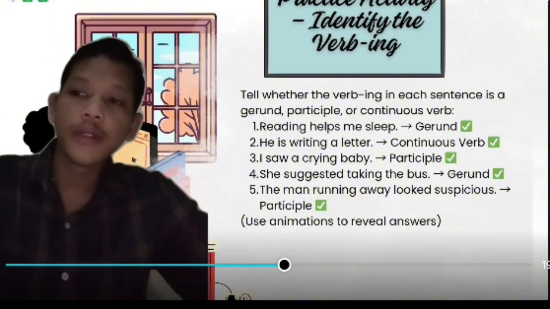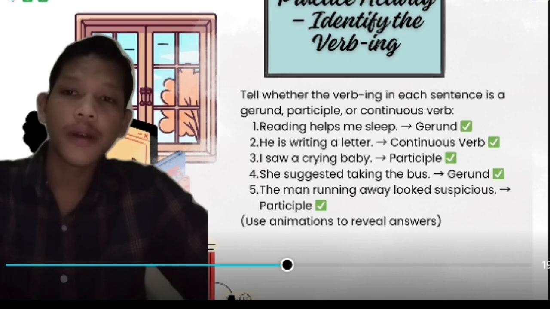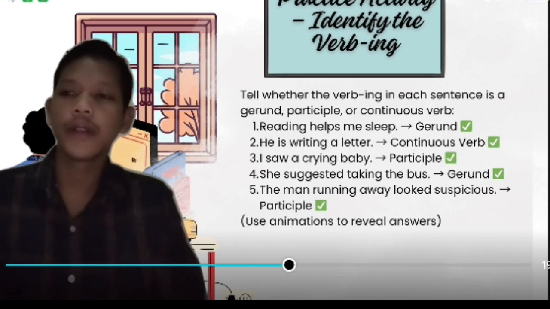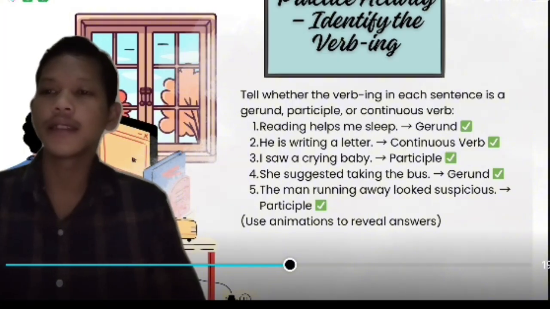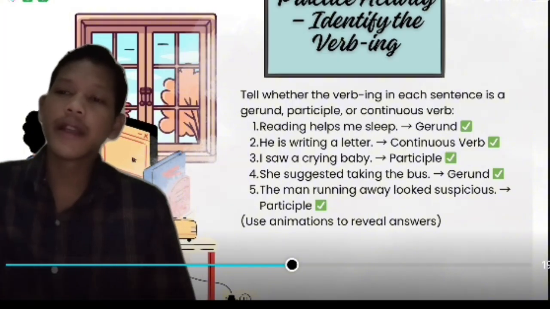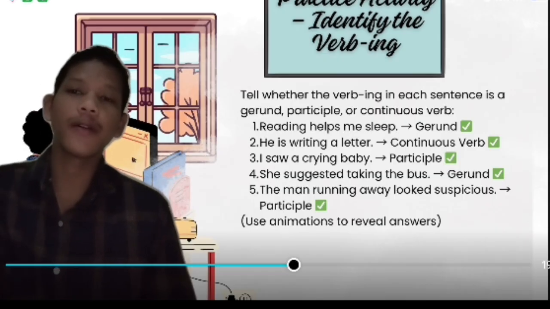I will read some sentences. You think and decide. Is it a gerund, participle, or continuous verb? Okay, the first sentence is reading helps me sleep. So reading here is it a gerund, participle, or continuous verb?